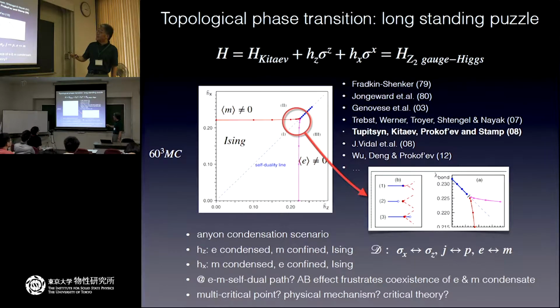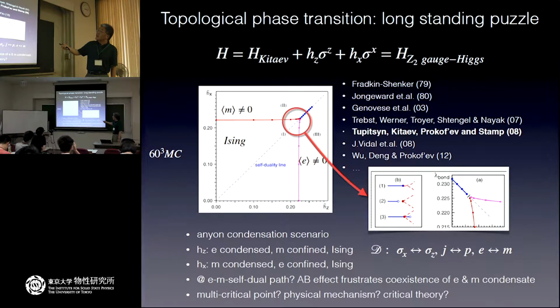I think the main difficulty is around this region. In this region, very close to the self-dual line, from the earlier study on this Z2 gauge Higgs Hamiltonian, they found there's a first order transition line.